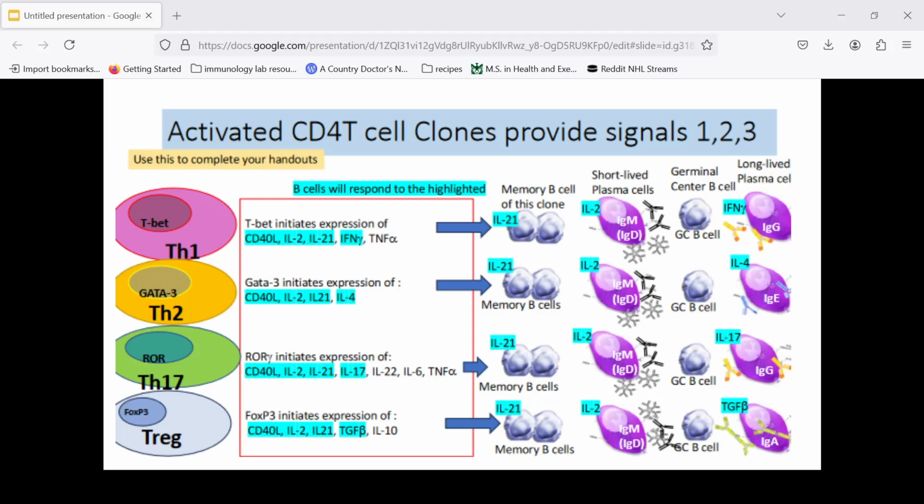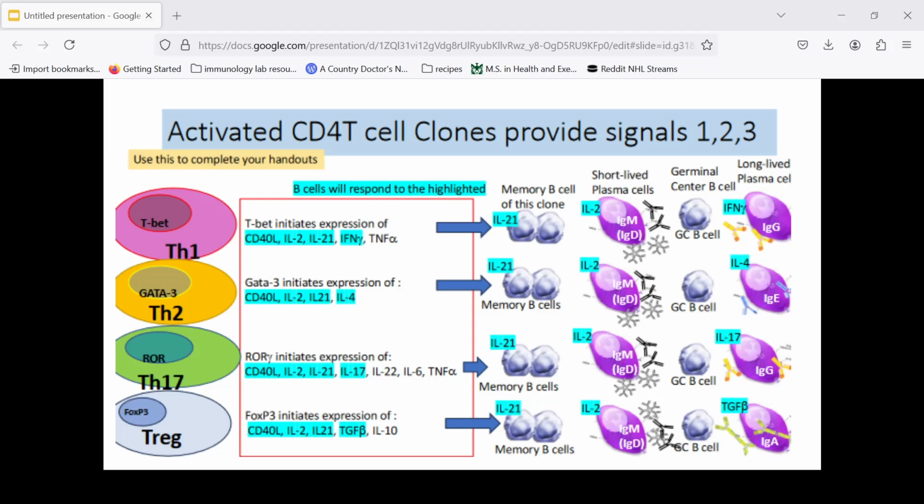The follicular dendritic cell is going to be presenting all these little chunks of pathogen, all these epitopes, and these individual clones from the germinal center B cell are going to either die or continue. So we get a whole lot of proliferation, and we also get a whole lot of death.